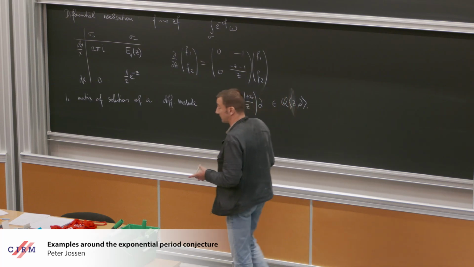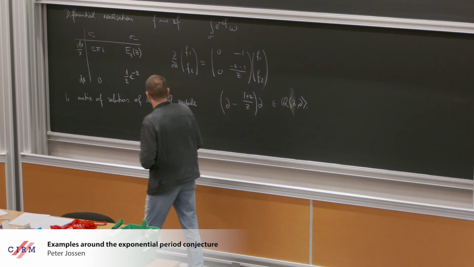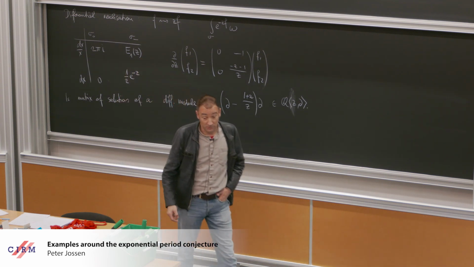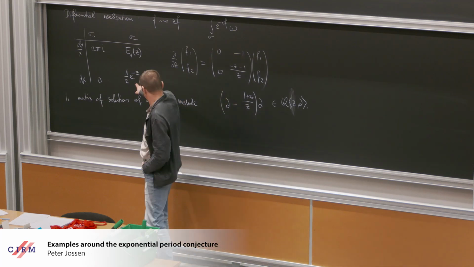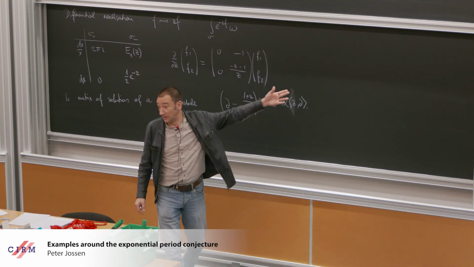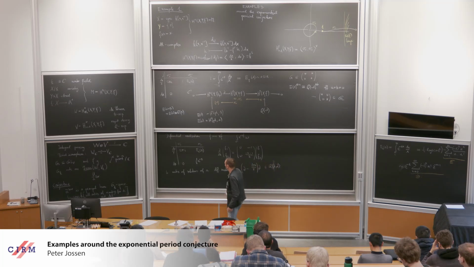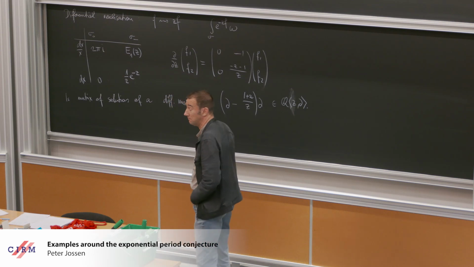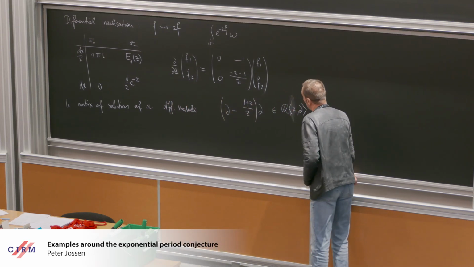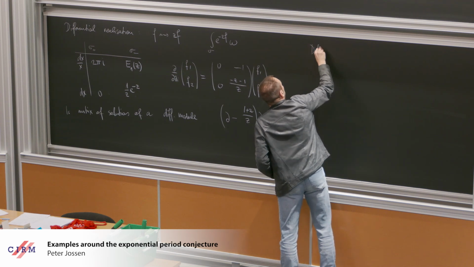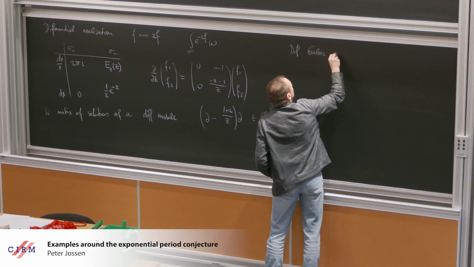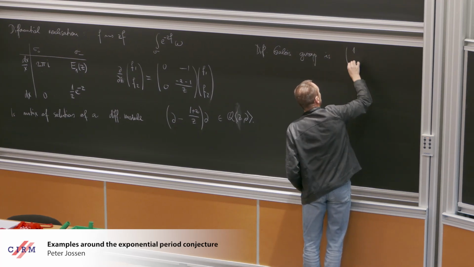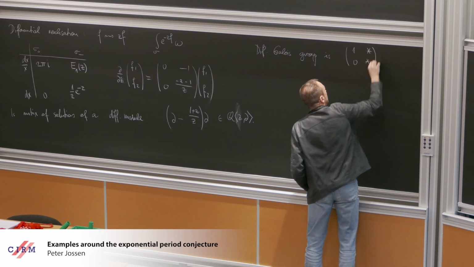Now, the question is whether the extension is trivial or not. Well, it's not, and you can see this in a number of different ways. One is maybe just to look at the behavior of these functions around zero. So E1 of z has some monodromy around zero, and it cannot be polynomially dependent on this function here, which is meromorphic around zero. So the differential Galois group is, in the same basis, this group here.